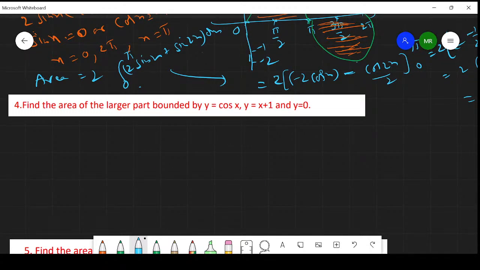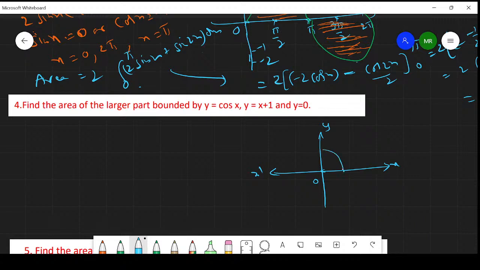So the y equal to cos x graph. I will draw the graph of this one. You can write this is y, x, x dash, origin. They are asking y equal to 0, cos x graph. The graph of cos x: cos 0 is 1, cos pi by 2 is 0.